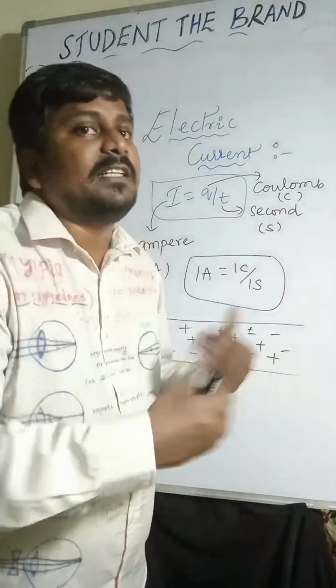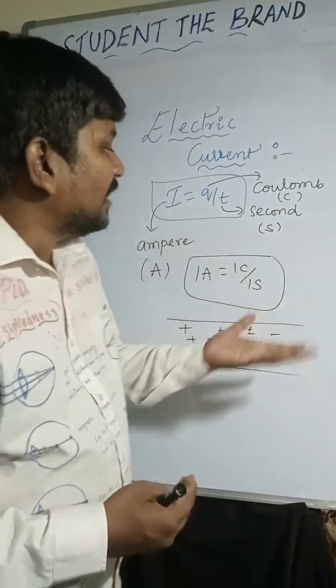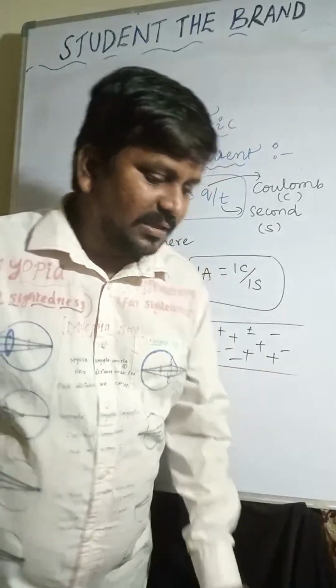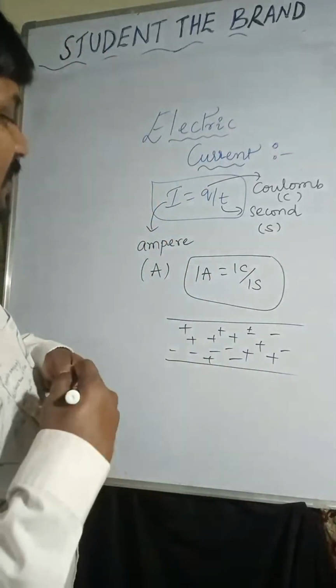But if a number of charges are moving inside the conductor, then we can say current is flowing. What do we mean by number of charges?